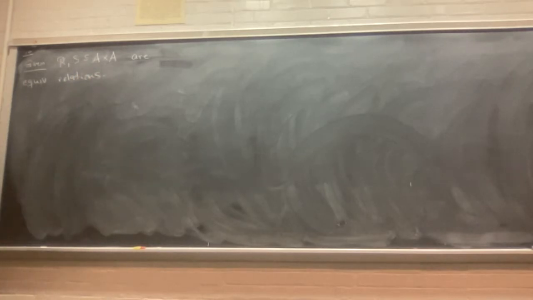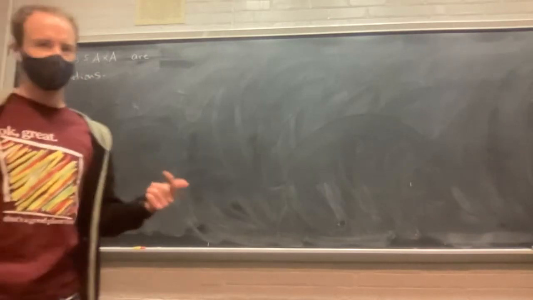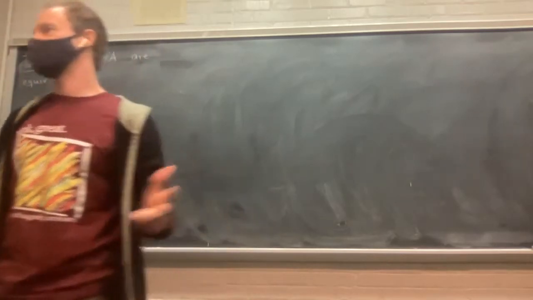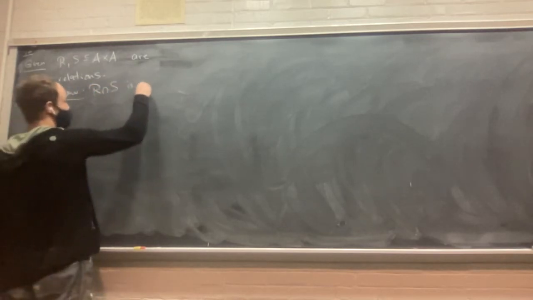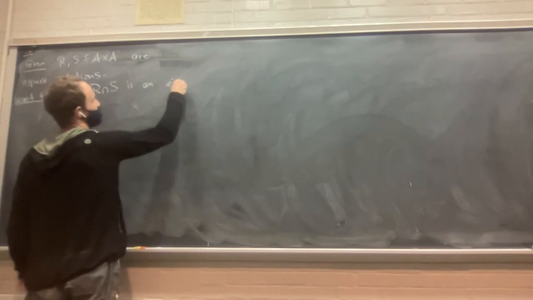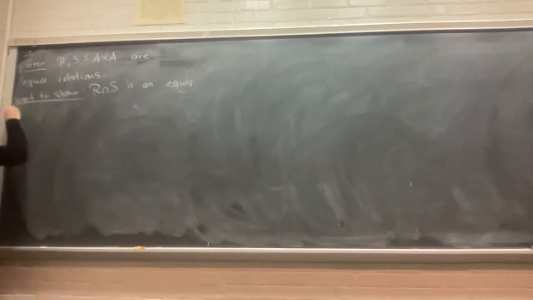And they are also equivalence relations. That means they satisfy those three additional properties, right? Reflexivity, symmetry, and transitivity. And then what we want to show is that R intersect S is also an equivalence relation.